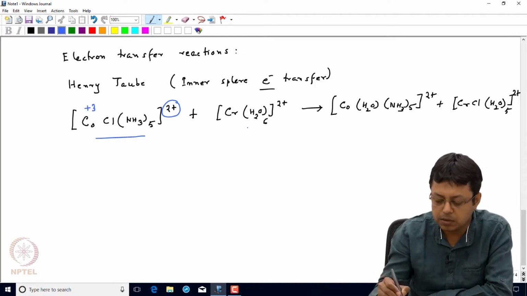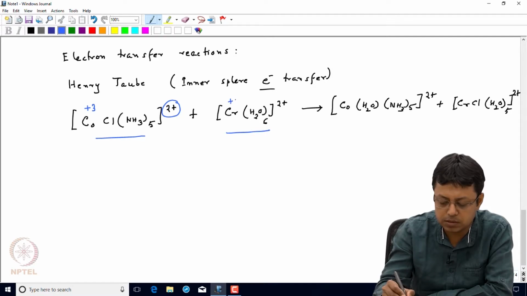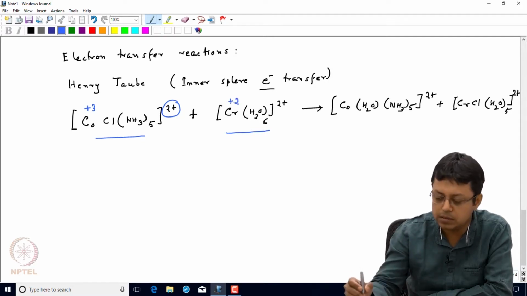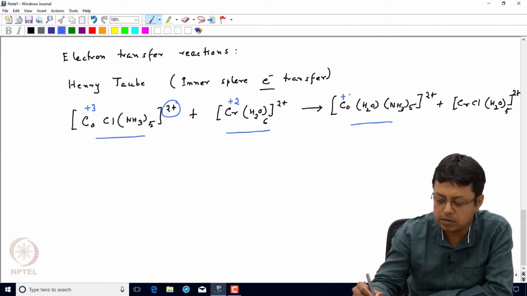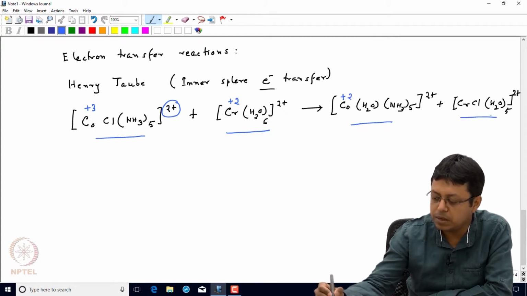For chromium, it is very straightforward because water is a neutral ligand, so chromium is in oxidation state +2 in this complex. Now in the product, as you can see, cobalt, water and pentaammine are all neutral ligands, so cobalt is oxidation state +2, and for the chromium complex, the chloride has -1 charge, so it is in +3 oxidation state.